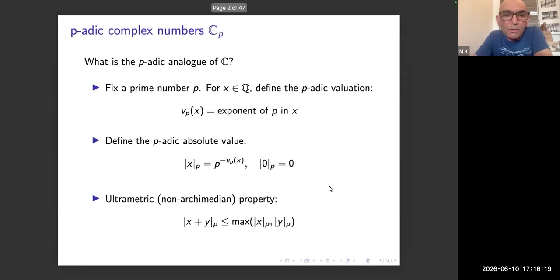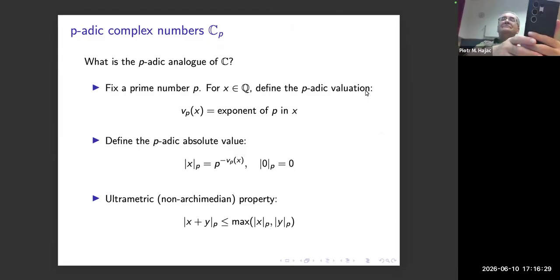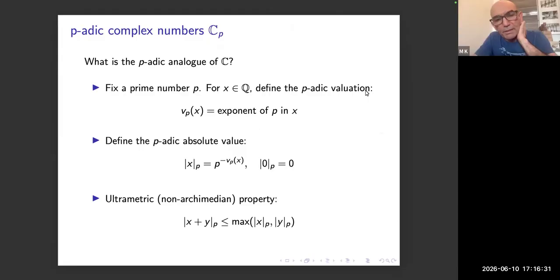So where to start? Okay, so I will gradually introduce some of the main characters. More or less, there are two kinds of main characters in the game. One is the field of p-adic complex numbers, which we denote by CP.